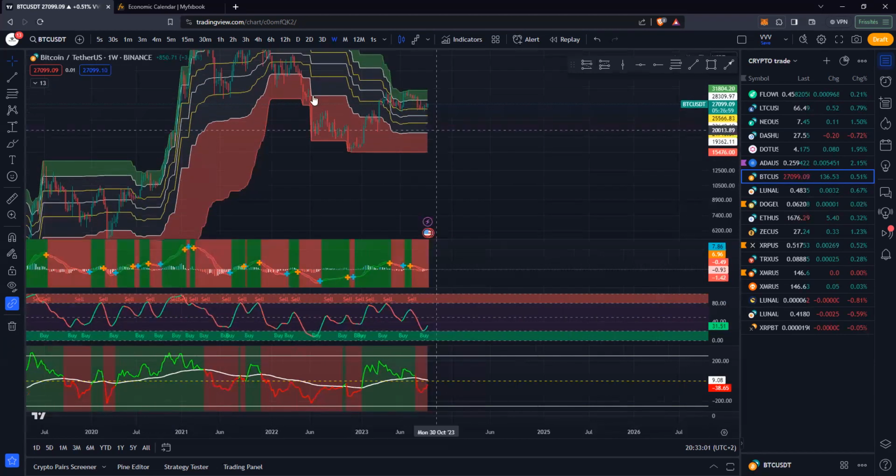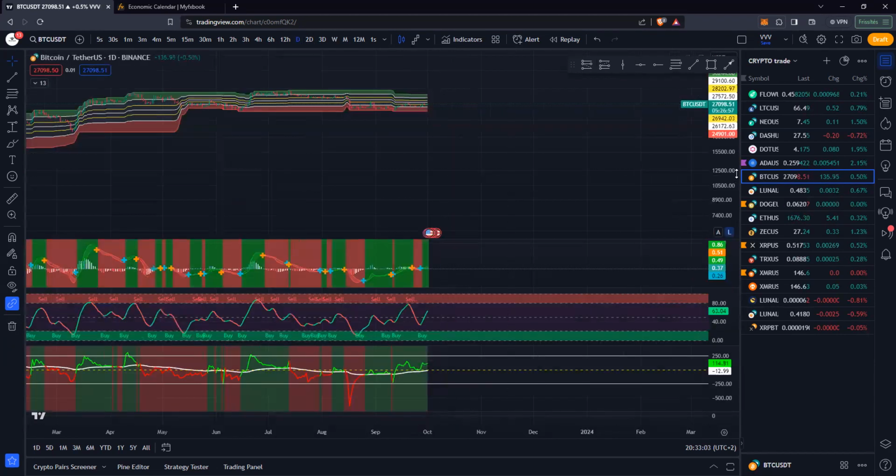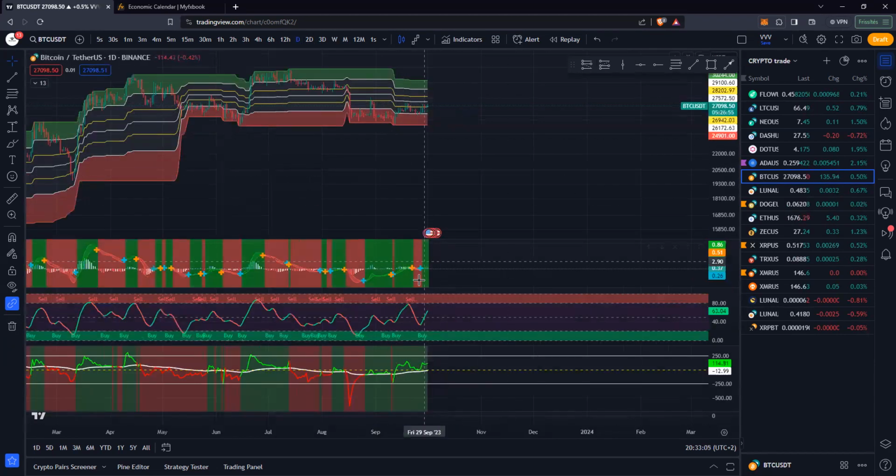Okay, and let's start with the daily basis. The daily basis is just what we could see, that we broke the zero line and the volume is going to the upside. And right here, there is a potential divergence forming.